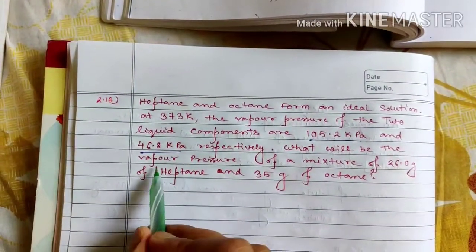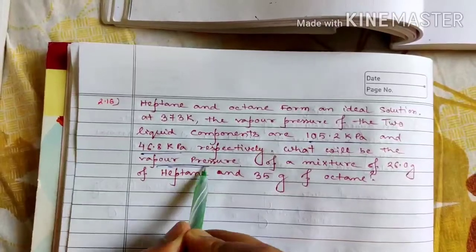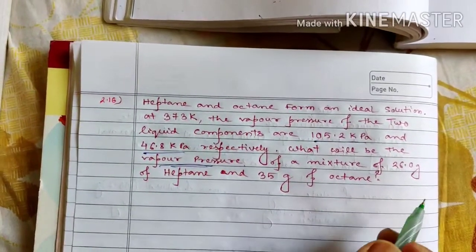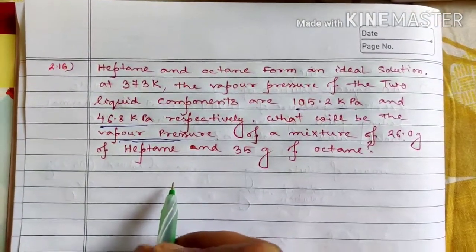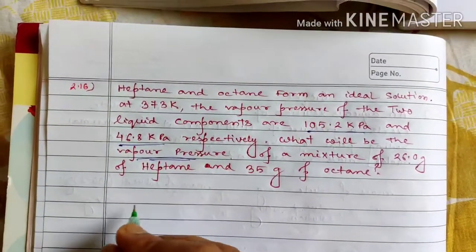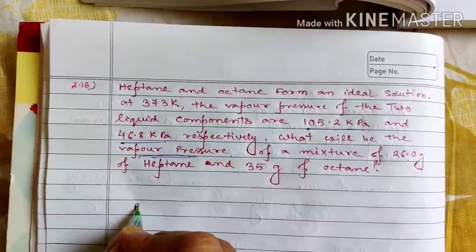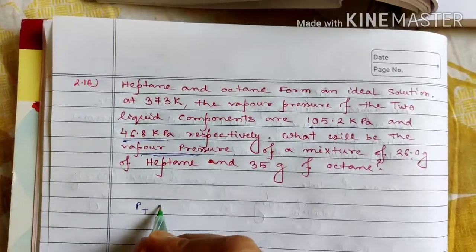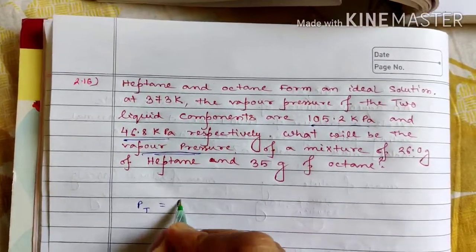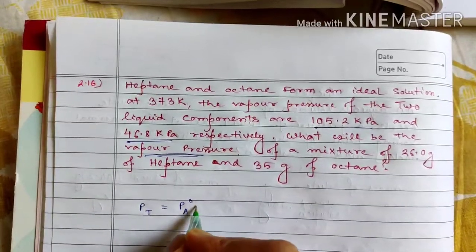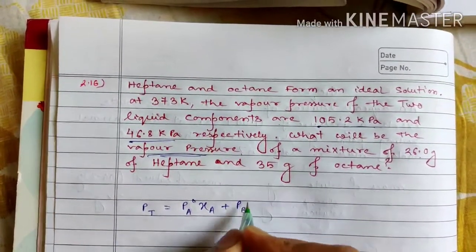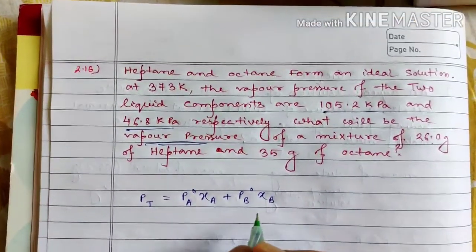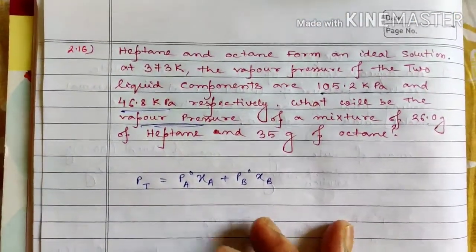So what will be the vapor pressure, means the total vapor pressure of the mixture if 26.0 gram of heptane and 35 gram of octane is mixed. So here we are calculating the total vapor pressure. That means we are applying Raoult's law. So it should be PA naught into XA plus PB naught into XB. That is the main formula of Raoult's law.